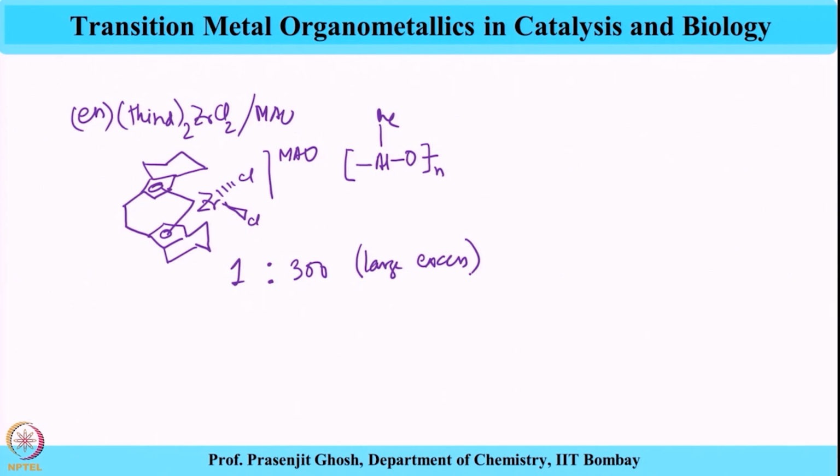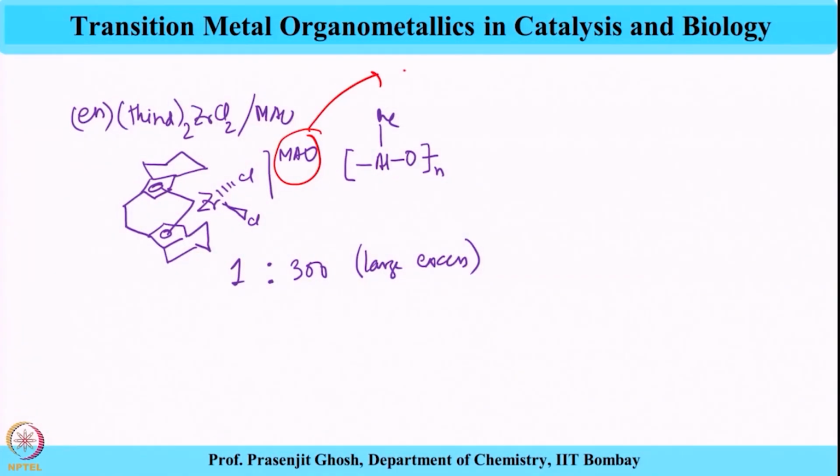And then the question comes, what is the role of MAO? It seems like MAO is a magical reagent which enhances the activity of this homogeneous catalyst to the extent that it even surpasses the original heterogeneous Ziegler-Natta catalyst.